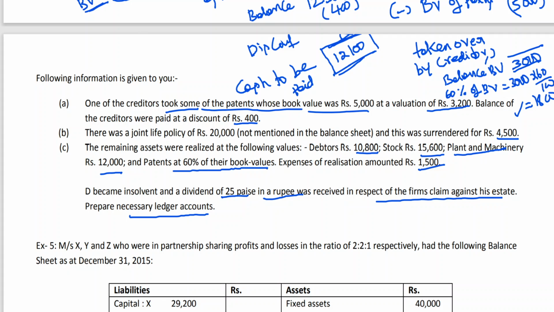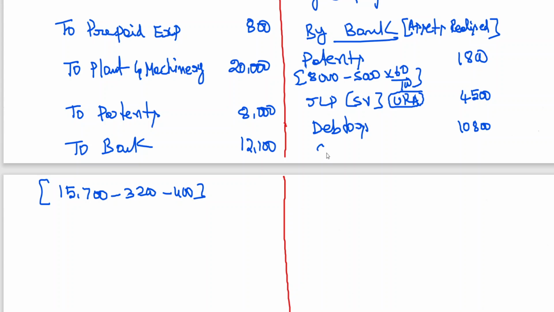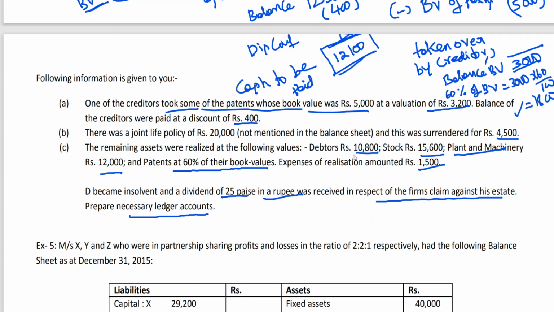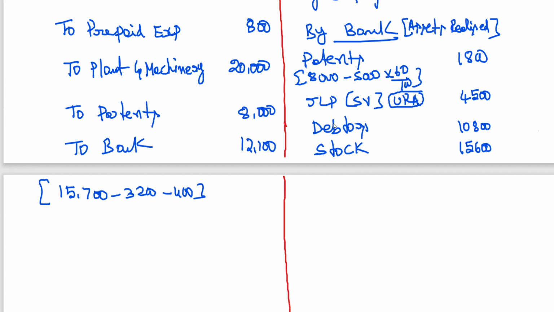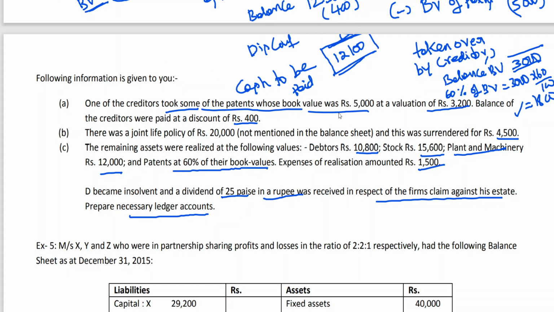Stock 15,600. Plant and machinery 12,000. Patents have already been explained. Expense of realization amounts to 1,500.